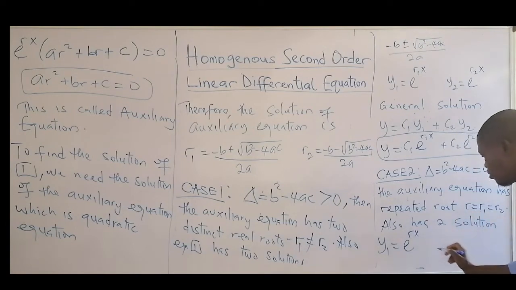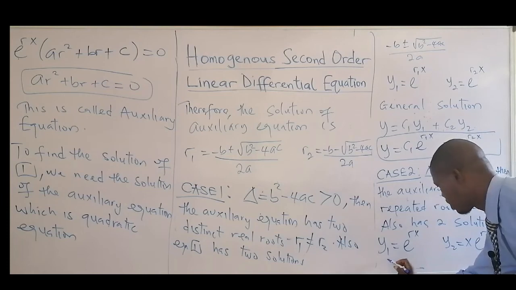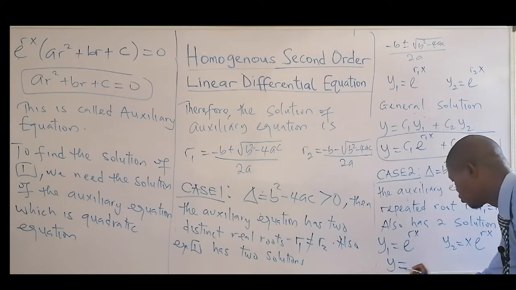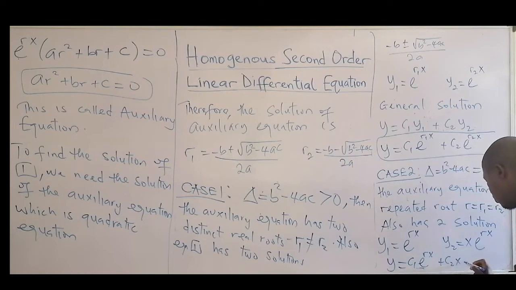And then y2 will be equal to x e to the r x. That's for the repeated roots. Then the general solution for your second order differential equation will be c1 e to the r x plus c2 x e to the r x. So that's the general solution.